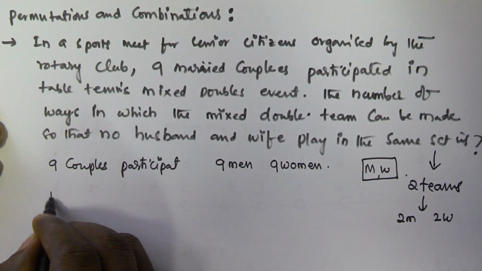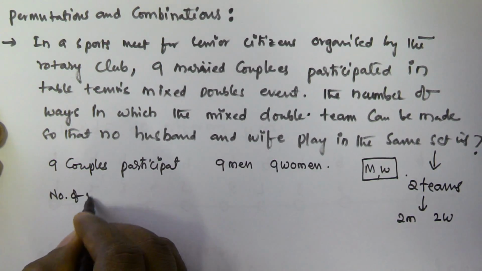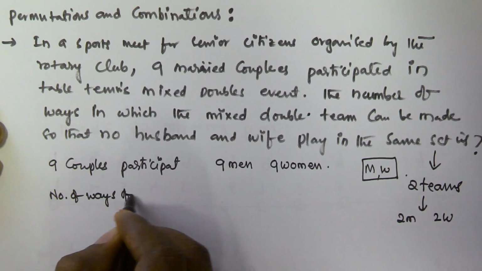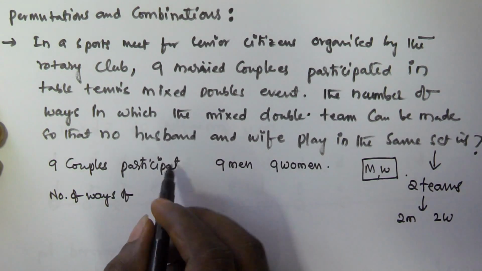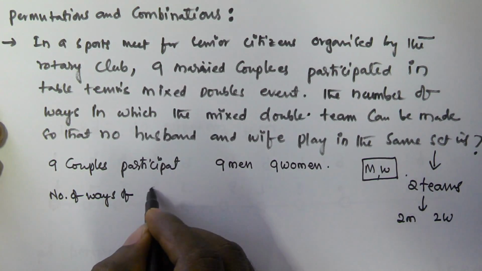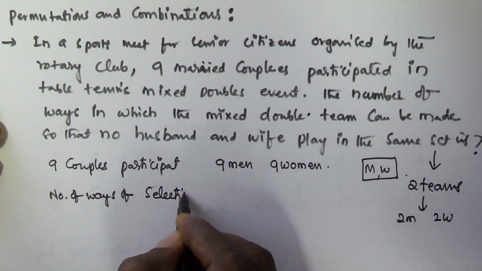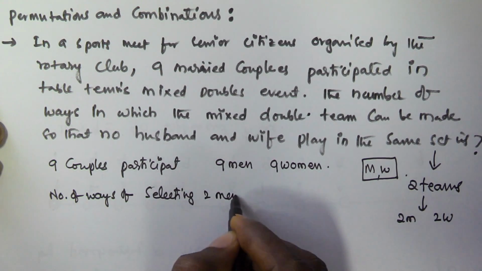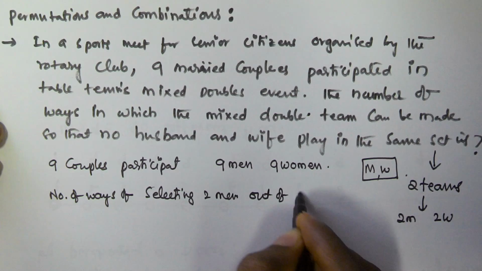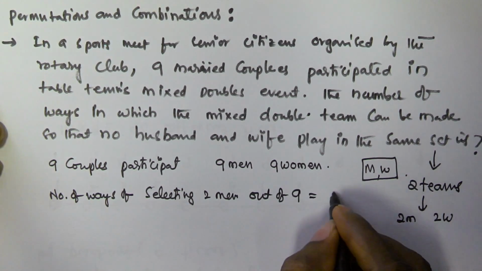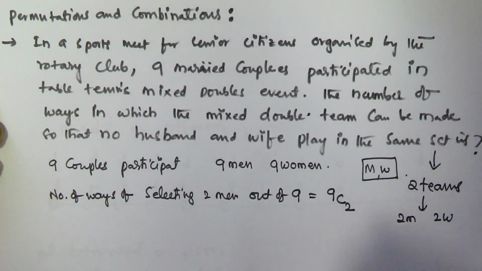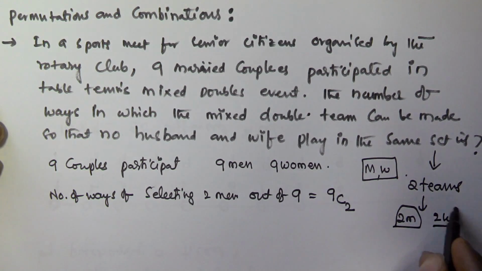So the number of ways of selecting 2 men out of 9 is 9C2. Now we have to select the 2 women.